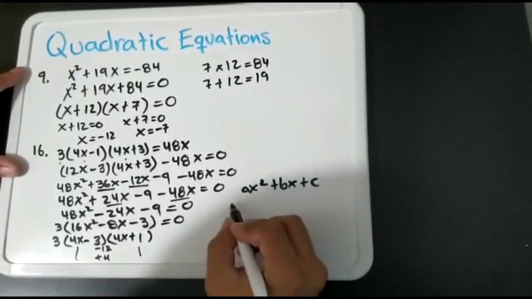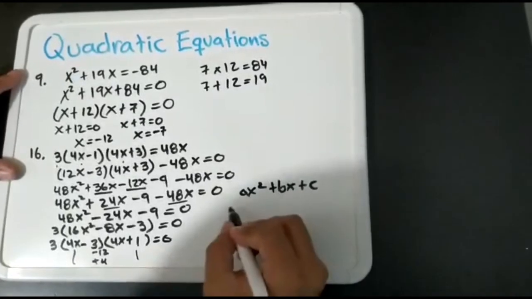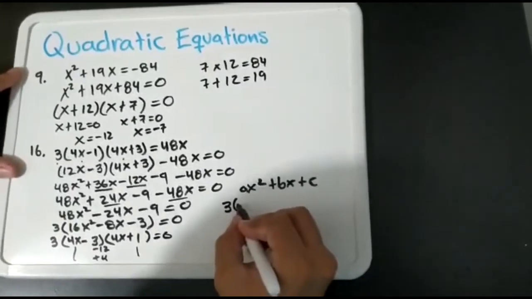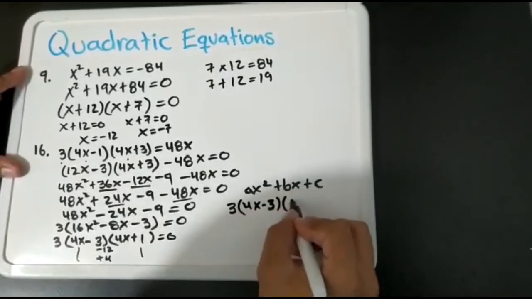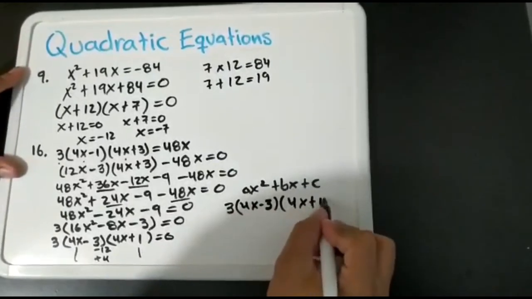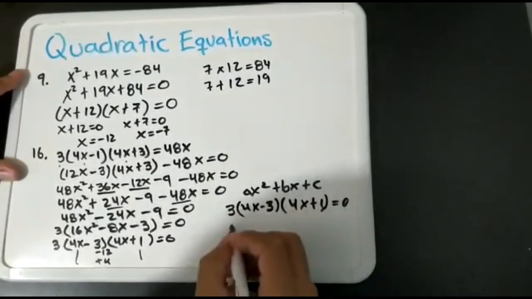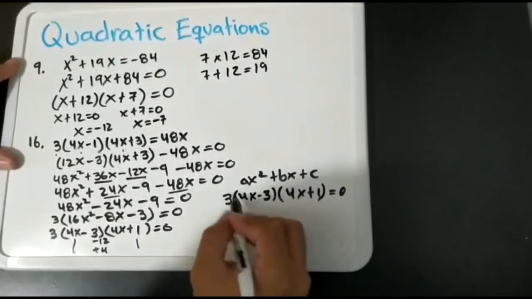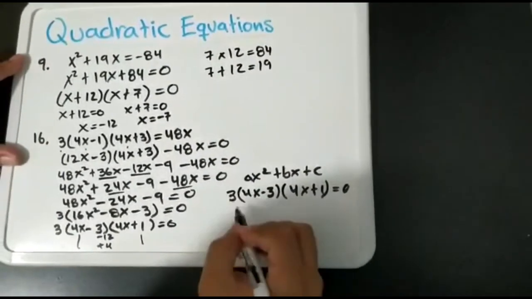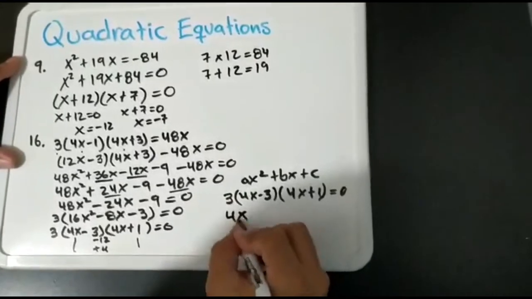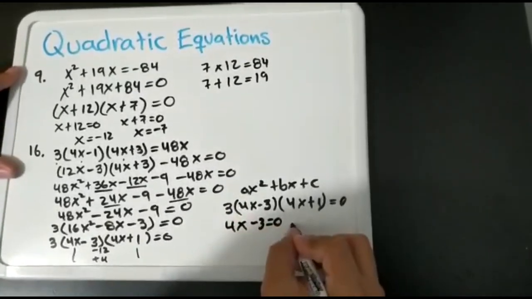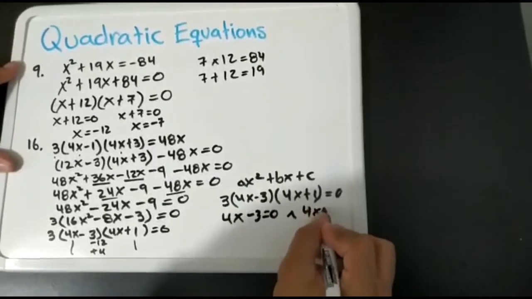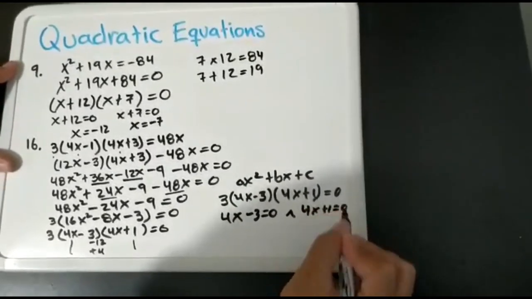Finally, we will find something like this, equal 0. We will find 3 that multiplies 4x minus 3, that multiplies 4x plus 1 equals 0. And we will separate those things. Because the 3 doesn't have x, we don't need it. We just need the ones that have x, that are 4x minus 3 equals 0, and 4x plus 1 equals 0.